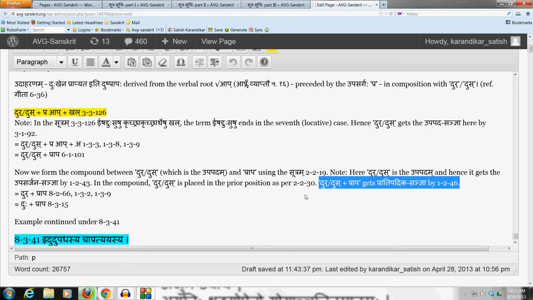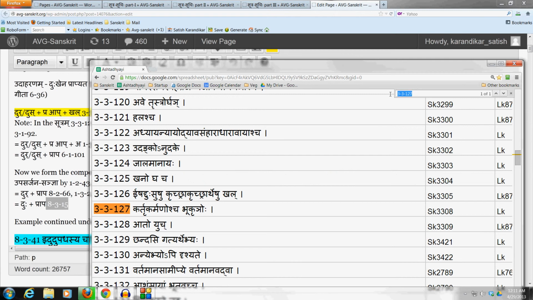Krit taddhita samasascha. In the case of dus, we have to use sasajusho ruh, bringing the ru adeshaha, then remove the letter ukaraha by upadeshe'janunasika it, tasya lopaha. So dus also becomes dur. So now we have dur plus prapa. Now the repaha gets the visargadeshaha by kharavasanayor visarjaniyaha, because the pakara is a khar letter. So we get duh plus prapa.